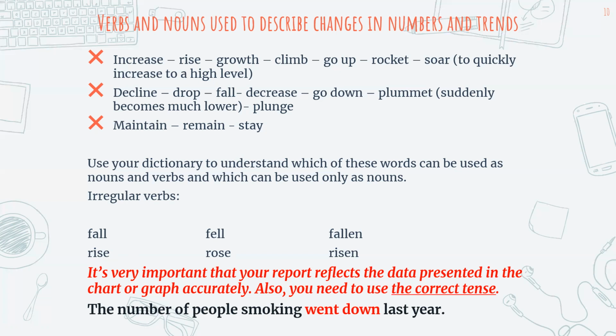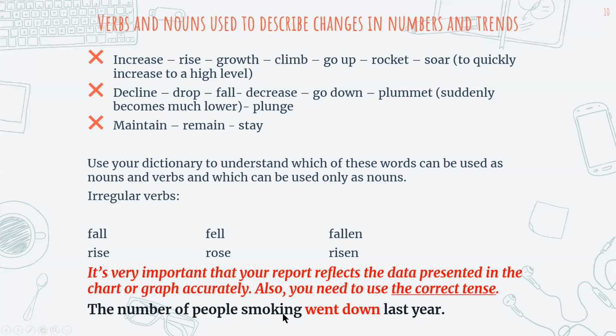If the table or the pie chart or whatever you get in the exam talks about something that happened from 2004 to 2015, an 11-year period, it happened in the past, so I have to use the past simple tense.